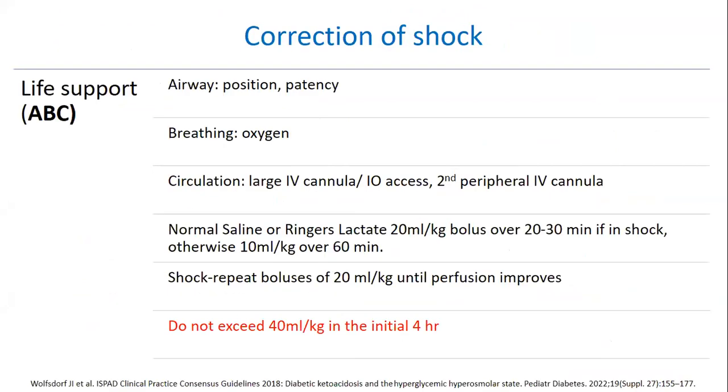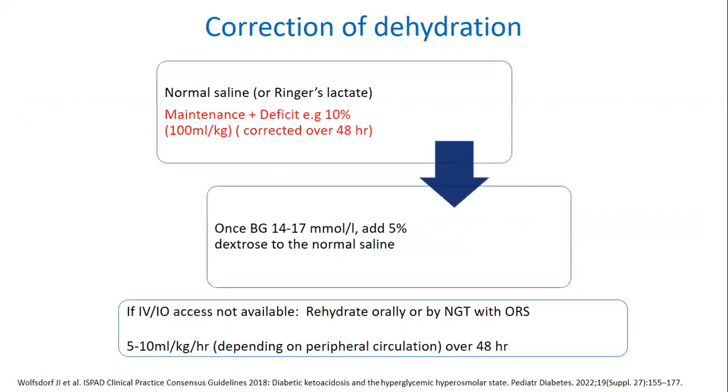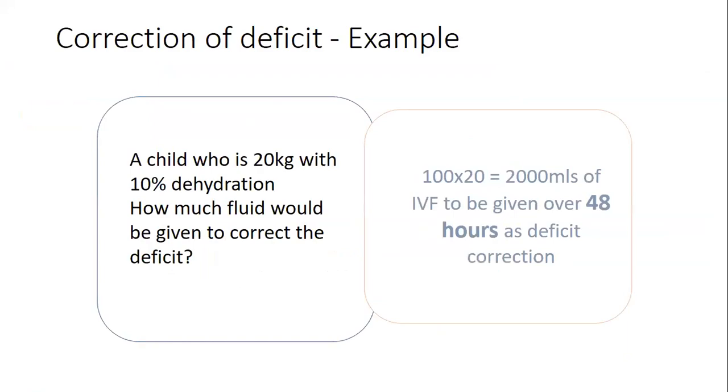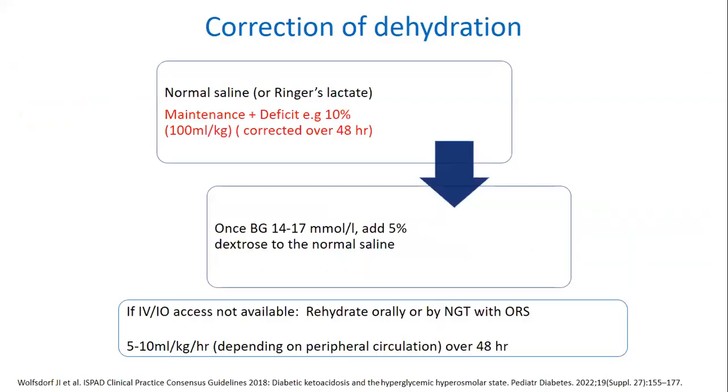This is usually determined by the severity of dehydration. Is it 10% dehydration, 7% dehydration, or 5% dehydration? So how do you calculate the deficit? The deficit is the dehydration. If someone is 10% dehydrated, how much fluid do they need? You take the percentage of dehydration, which is 10, multiplied by a constant of 10, multiplied by the weight of the patient.